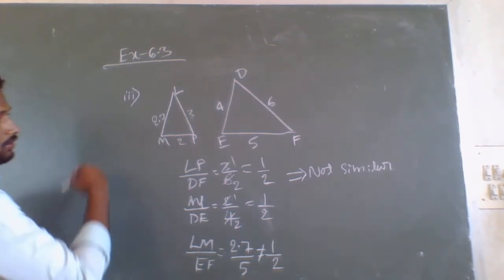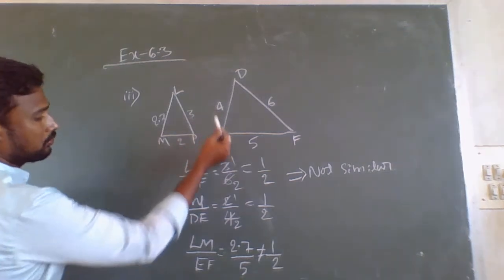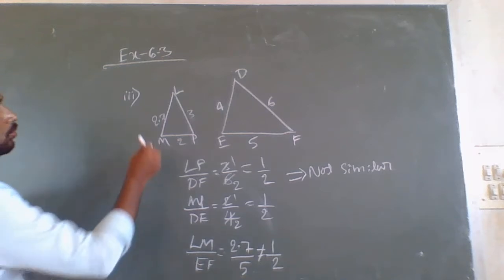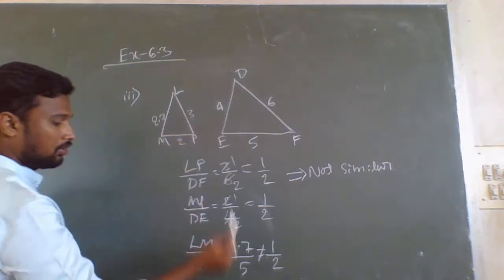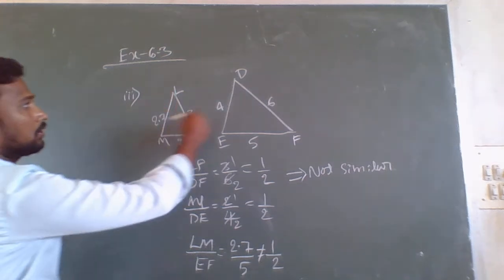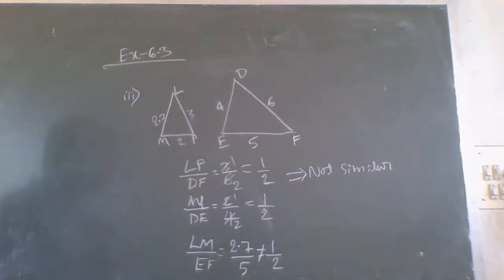But here they are given 2.7. Here 2 by 4 means we will get 1 by 2, 3 by 6 means we will get 1 by 2 only, but 2.7 by 5 means we will not get 1 by 2 as the answer. Therefore, all the corresponding sides are not proportional, therefore these two triangles are not similar.